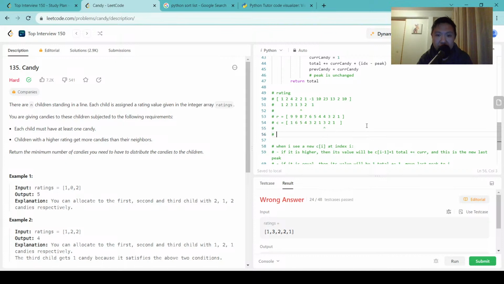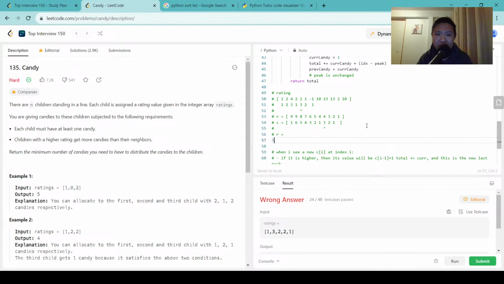But let's say c equals 1, 2, 3, 4, 5. Okay, so it went up very high and then it went down back to 1.